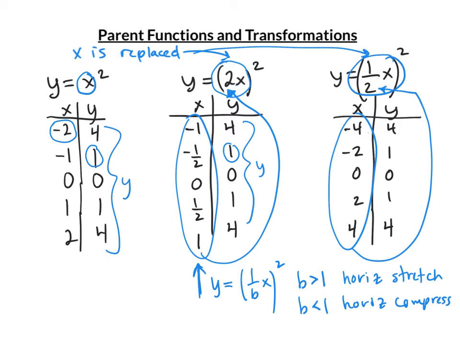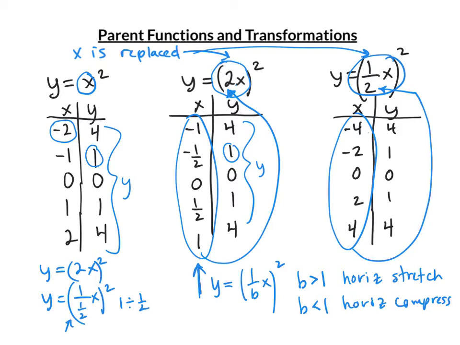Well, actually, when I say y equals (2x) squared, I need parentheses to make it horizontal, this is really y equals (1/(1/2) x) squared. What are you talking about, Mr. Caldwell? Well, 1 divided by 1/2 is what I have in the parentheses there.